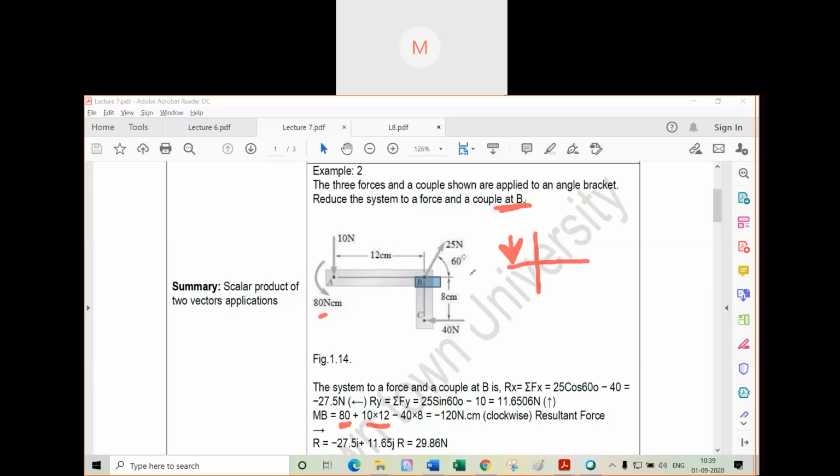But this 40 is to the left side. So the sides are opposite. That is why there is a negative sign here. And this is force into distance. So eventually we get this as the resultant force. Clear? Clear everyone? Yes, sir. So this is simple, as simple as that. Okay? So now up to this you have noted down all the things.